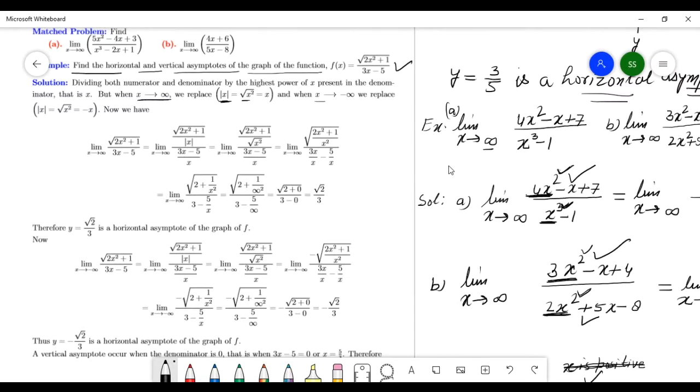And here, when x goes to negative infinity, x is negative, and mod of x is minus x. So we will write mod of x equal to minus x.